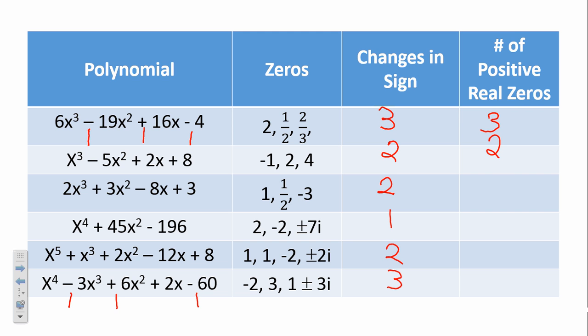How many positive real zeros do we have in this one? How about in this one? How about in this one? What about in this one? Positive real. It's only one. That's a complex one. This one, 2 of them, not unique, okay, but 2 of them, and this one only has 1.